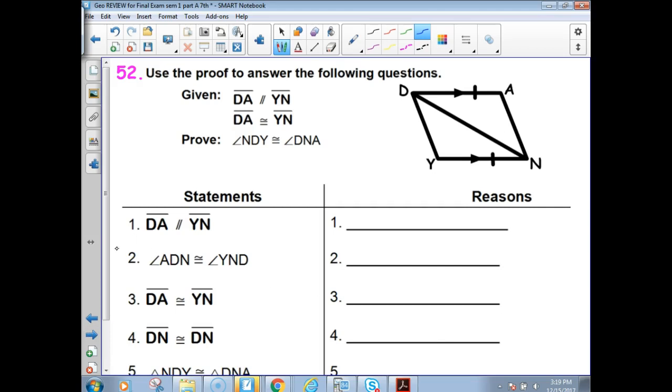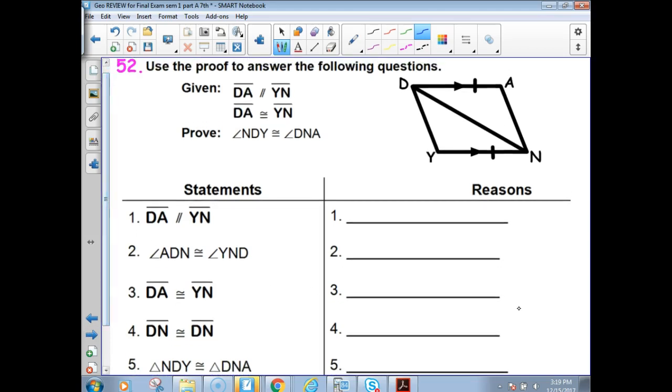Okay, we're on the page with a proof. We are given that we got some parallel lines. All right, it's given. That means we got some angles congruent. Angle ADN is congruent to angle YND because if you have parallel lines, then alternate interior angles are congruent.